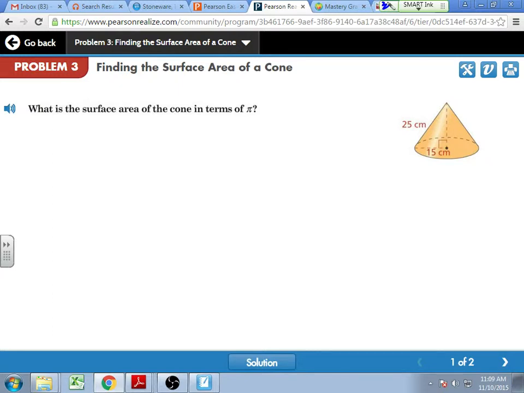So, now dealing with surface area of a cone. Think about your equation just kind of being rhythmic. Instead of 2 pi r, now it's just pi r. But here it's going to be pi r L plus pi r squared.